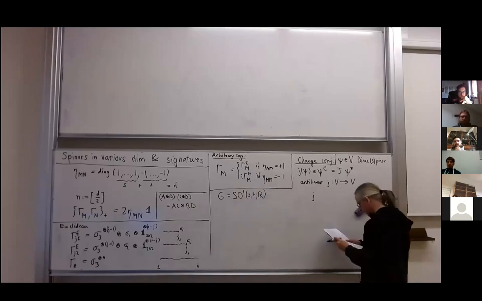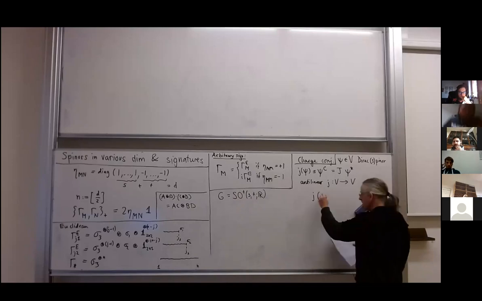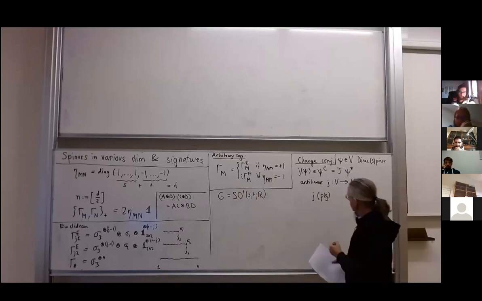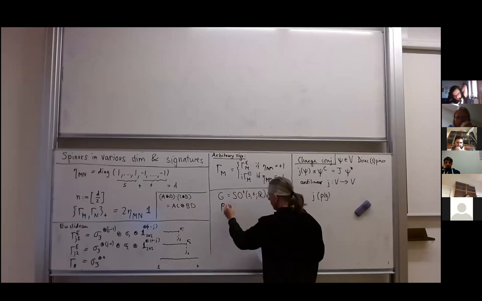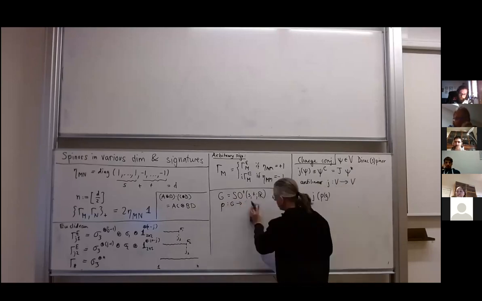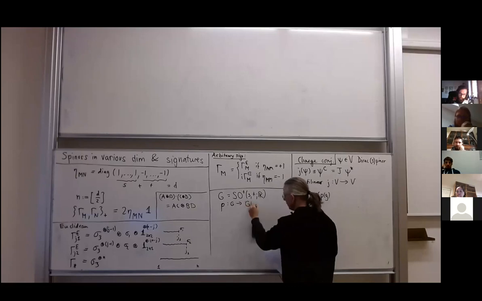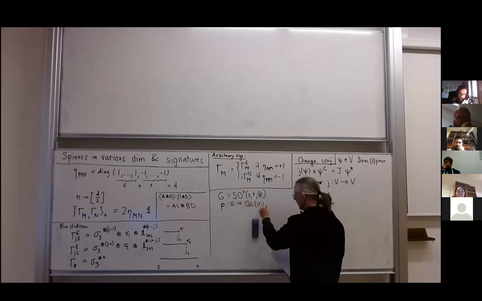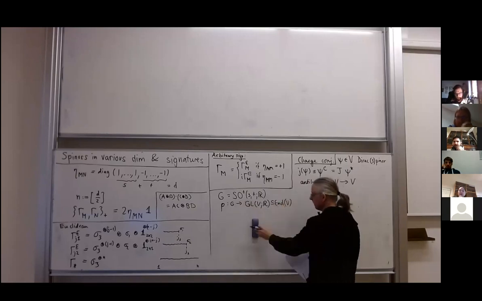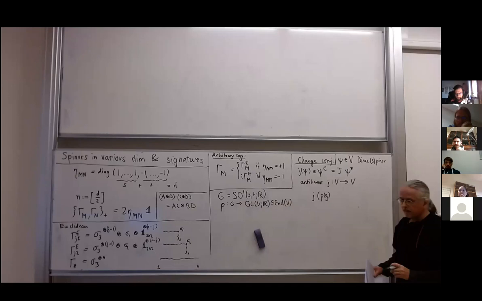So we would like that rho of G, where rho is the representation of G on V, so rho maps G into the endomorphisms, well, you can say it's the same as GL(V, R), which sits inside the endomorphisms of V. Is it clear?